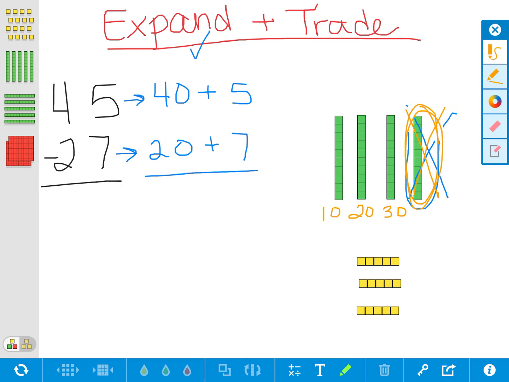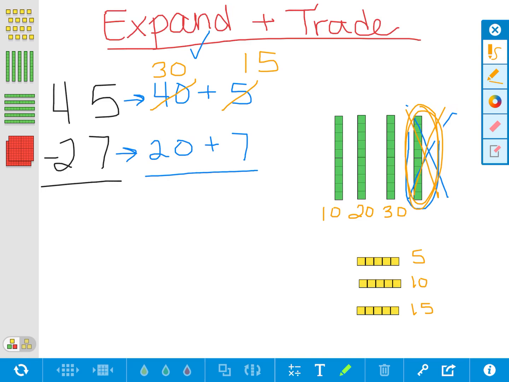Well, let's see. This 40 has now turned into 30 because that 10 jumped over to my 5. So how many ones do I have now? I have 5, 10, 15 ones. So this 5 turns into a 15.